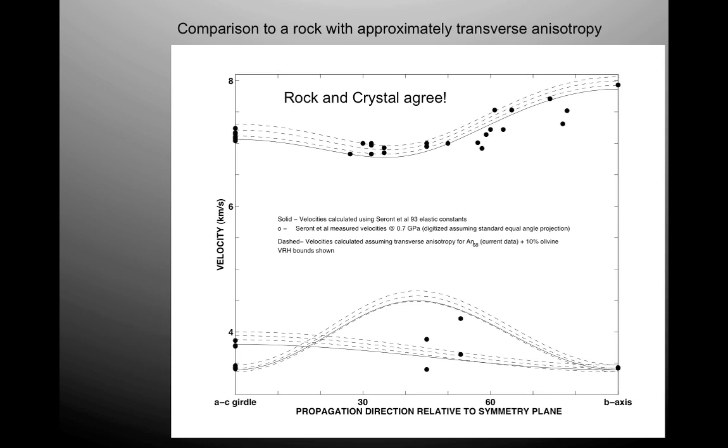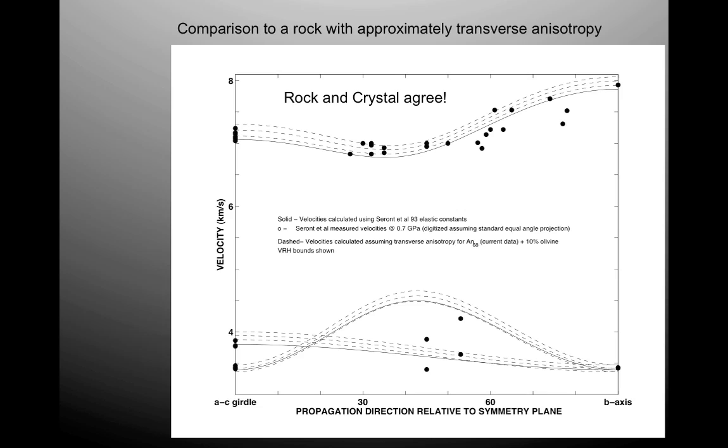Those are the dashed lines showing Voigt and Reuss, and in between, the dashed line is the Hill. The lower curve represents one of their estimates for the elasticity of their rock. As you can see, for the most part, our elastic constants are in perfect agreement with the variation of velocity as one goes from propagation in the equator to propagation in the polar direction.